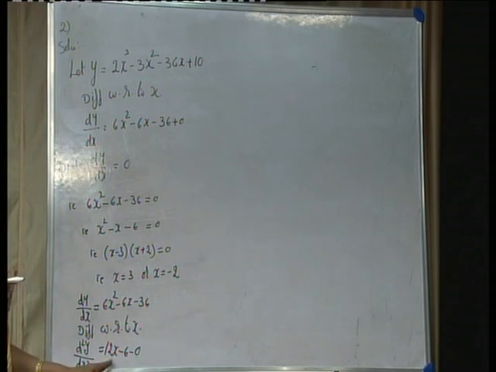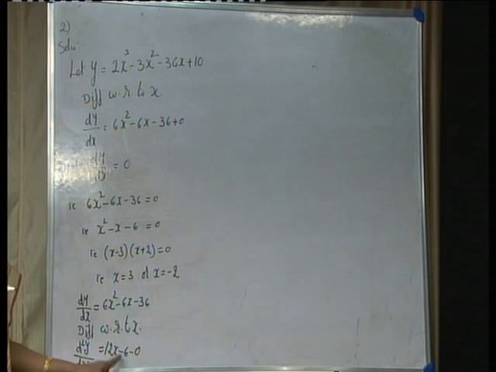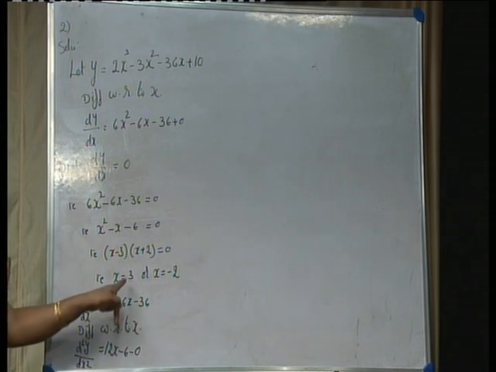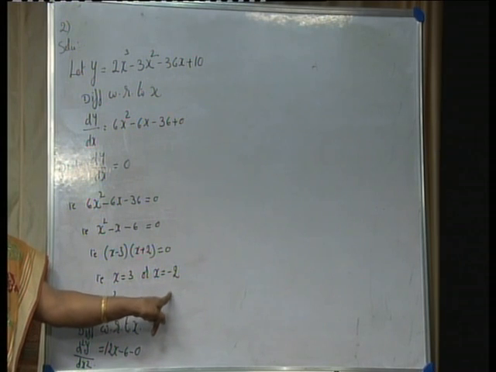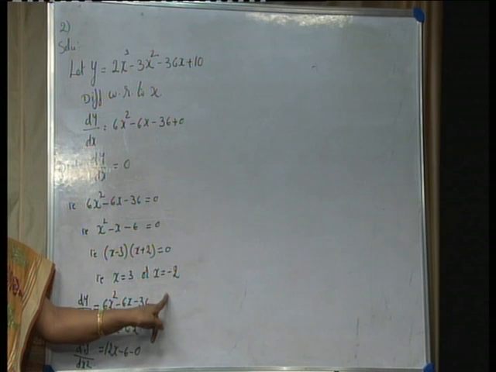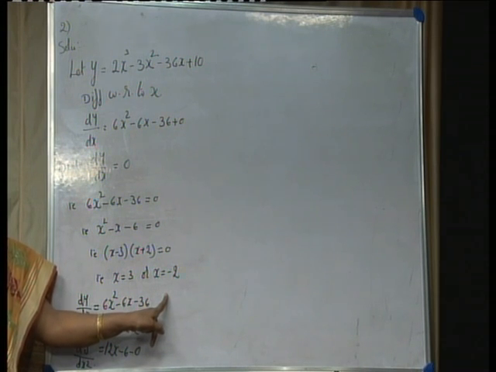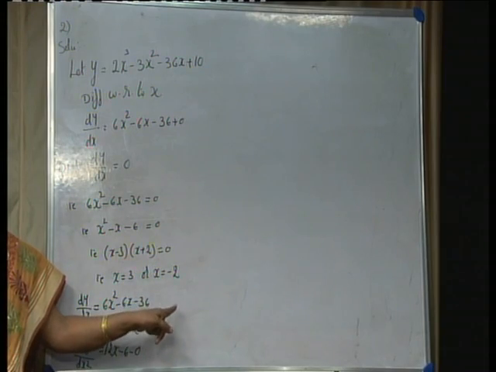Derivative of 6x squared is 12x. Derivative of 6x is 6. So, second derivative, in this derivative we have to substitute the value x is equal to 3 and x is equal to minus 2. If we get a negative value, at that point the function is maximum. If we get a positive value, at that point the function is said to be minimum.